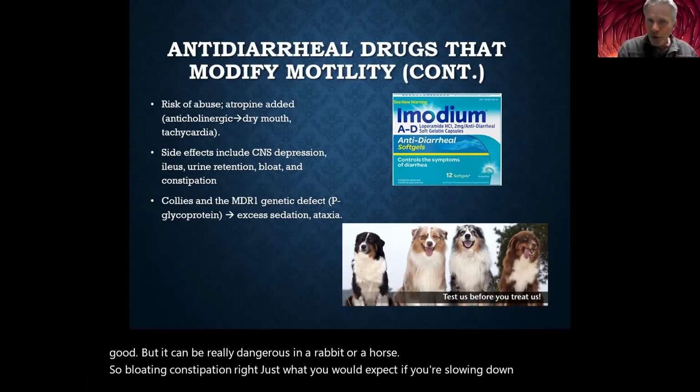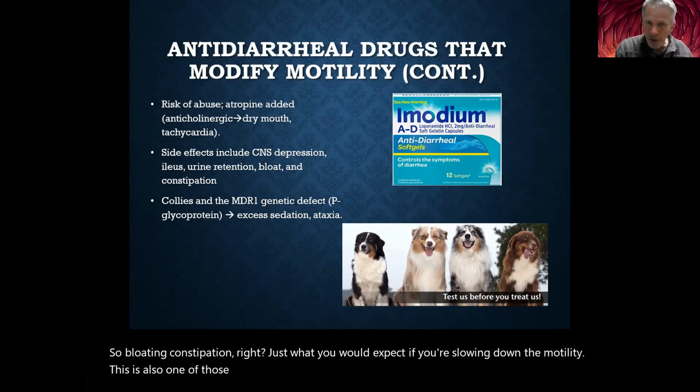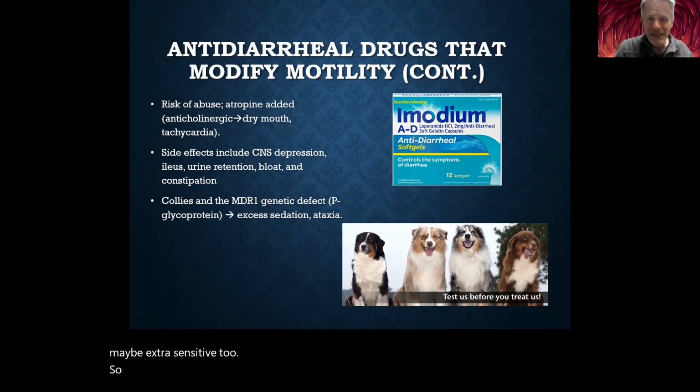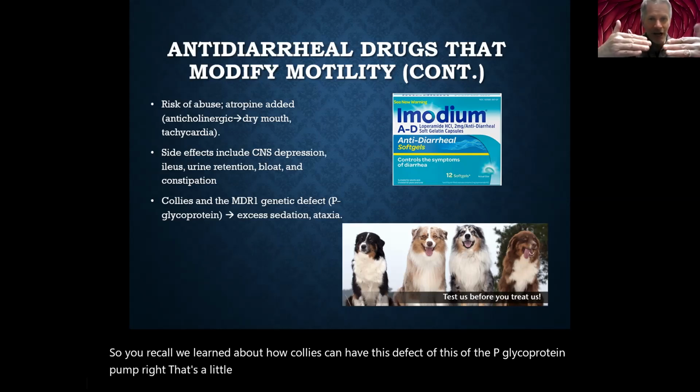This is also one of those drugs, well, opioids in general are one of those drugs that certain breeds may be extra sensitive to. So you recall we learned about how collies can have this defect of the P glycoprotein pump, right? Its job, it's found in the lining of the intestine, and it pumps drugs back into the lumen.